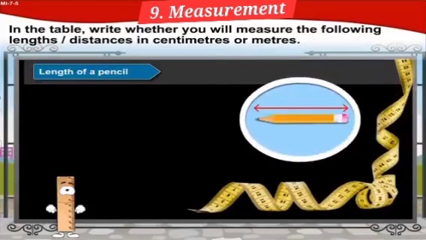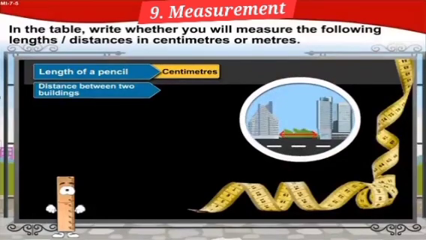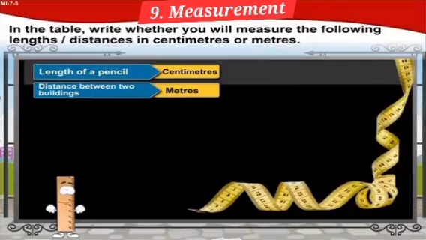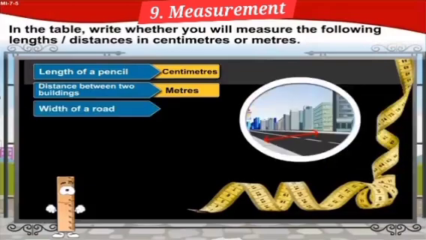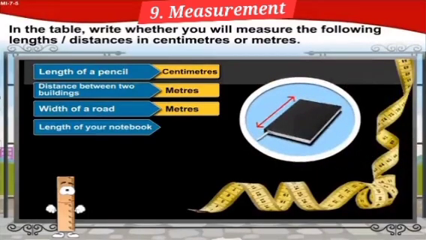Length of a pencil. Well, that has to be measured in centimeters. Distance between two buildings. That has to be measured in meters. Width of a road. That has to be measured in meters as well. Now the length of your notebook.